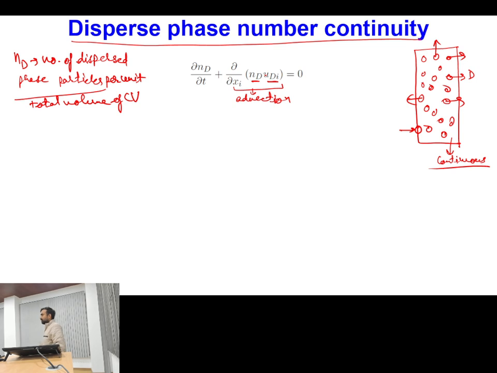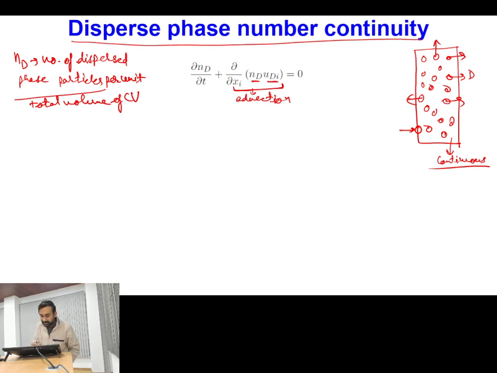Is this one clear? In a system, if you have 100 particles present and say 5 particles are going out and 3 are entering, we have to find how much net number is actually interacting through the boundary. So the net number interacting through the boundary is written using this term.